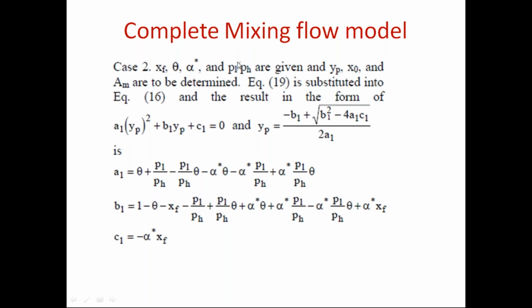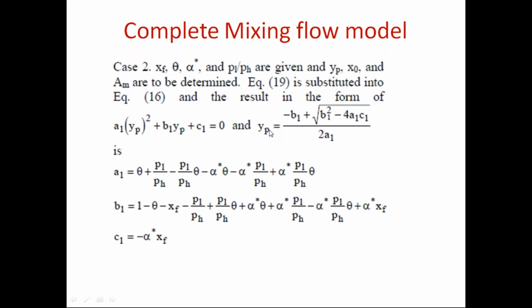So once you know this, and this is the specification, then it may not be possible to solve it with the previous problem's solution. Now the solution will be different. Here you can see that YP, X0, and the membrane area are to be determined. Therefore, here you can again convert that into a different form, like A1 YP square plus B1 YP plus C1.